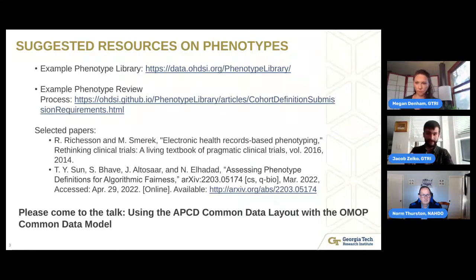However, a woman, based on medical literature, might present with different sorts of pain. But if the primary phenotype definition that we're using in a phenotype library for an APCD, for heart attack or chest pain, or just pain in general, is focusing on just looking at chest pain, then we might severely underrepresent women in any phenotype definition that we use.